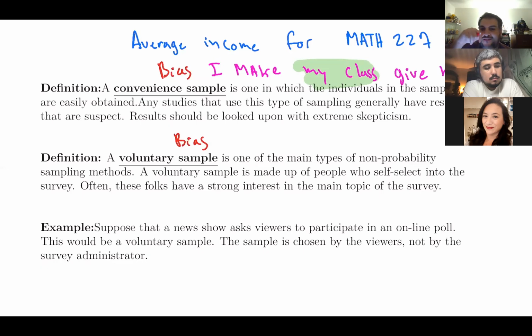So for a voluntary sample, it could be like a talk show host asking their viewers to respond to a question. The only people who are actually going to respond are people who are strongly in favor of that question or strongly against it.